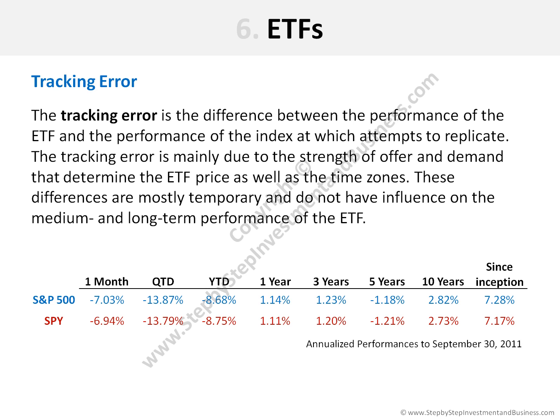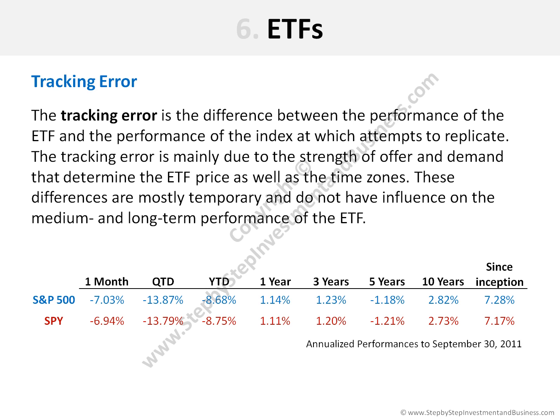Here we can see a comparison, for example, between the S&P 500 index and the SPY ETF, which is the ETF that replicates it. Notice that we can see the performances of each of them for different periods of time, and we can clearly see a strong correlation between them.